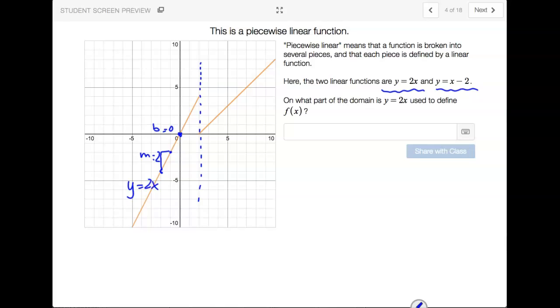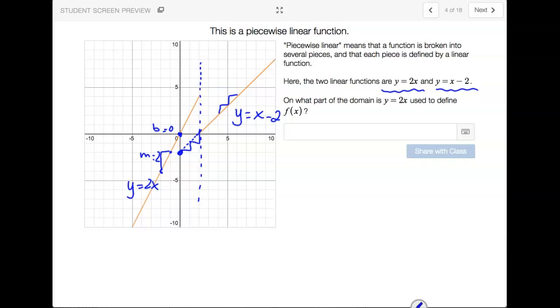This other one has a slope of 1, and if we followed that back and extended it out here, you'd see that our y-intercept is negative 2. So y equals 2x is being used on the left side of my break, and y equals x minus 2 is being used on the right side.